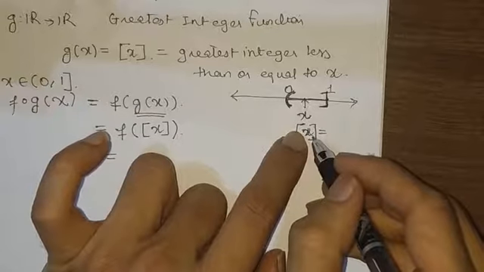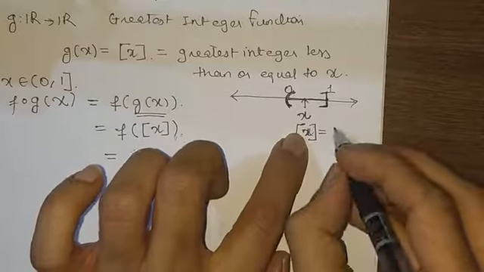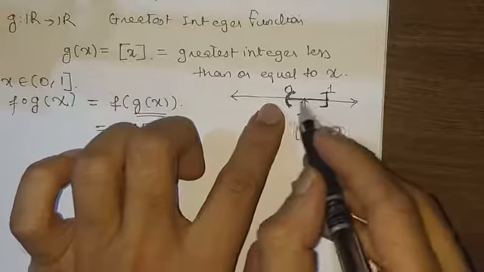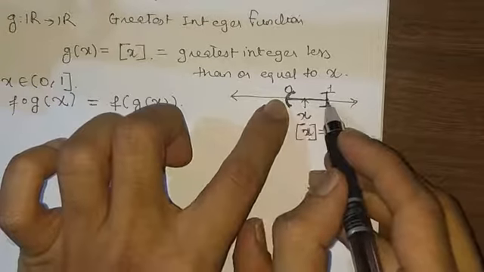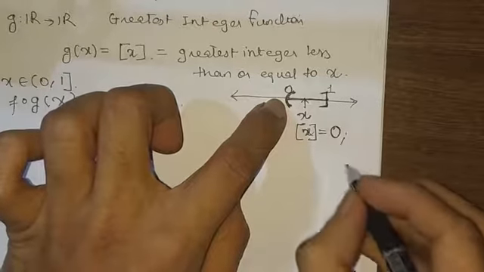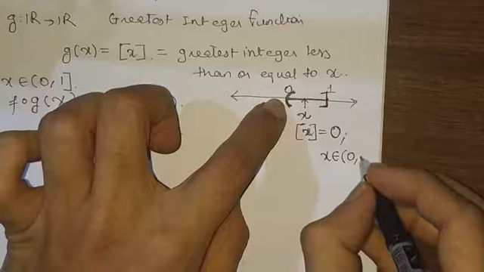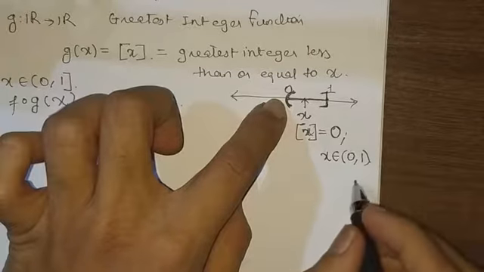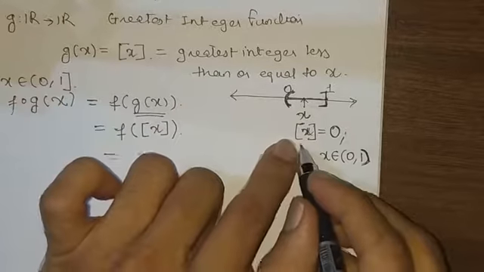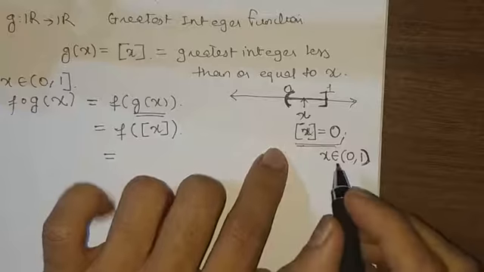What is the integer which is less than 0.5? It is 0, right? So this will be 0. So for any x you take between 0 and 1, with 1 not included, the value of the function will be 0.